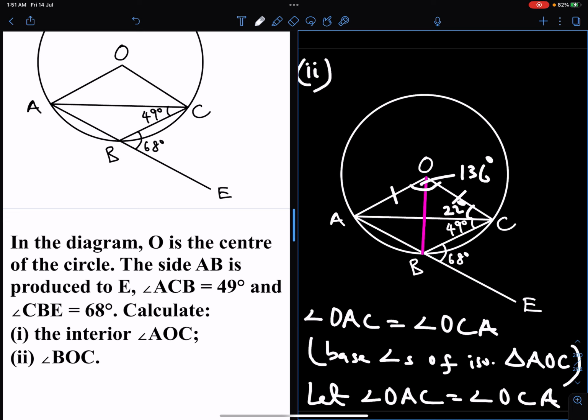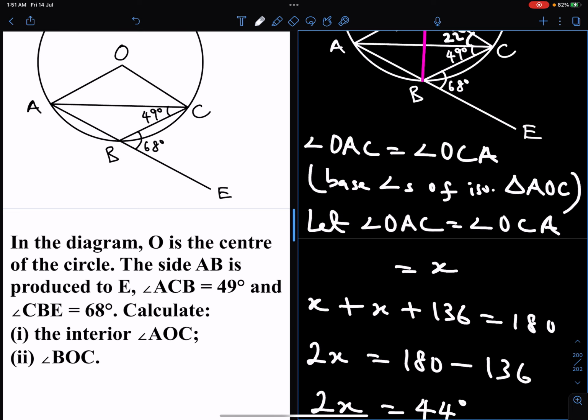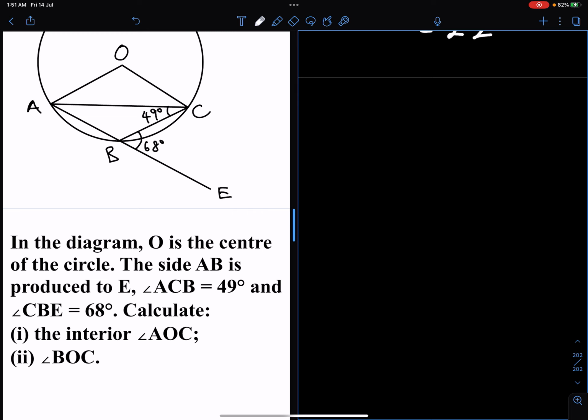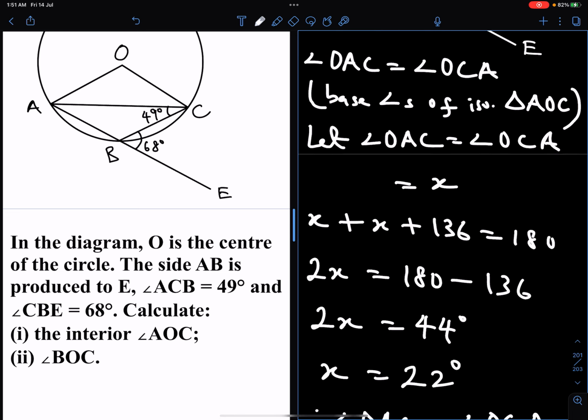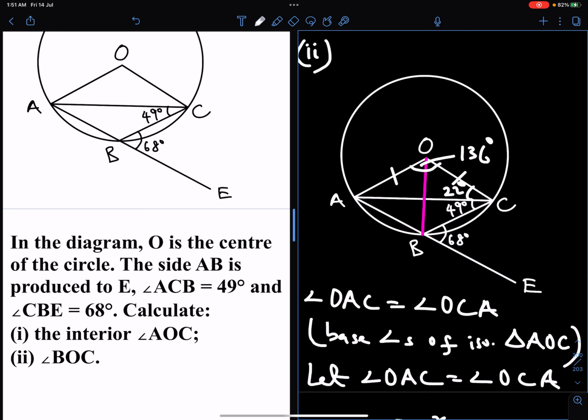And now I can bring out the whole of triangle BOC. This is triangle BOC. Now I know the whole of angle OCB.